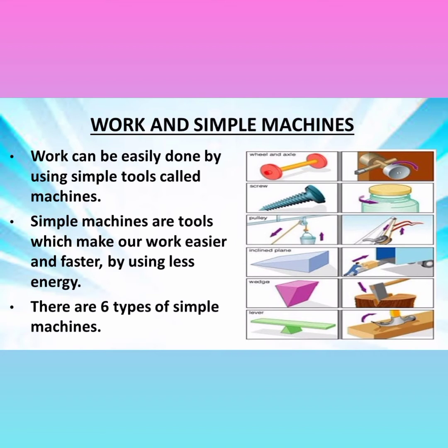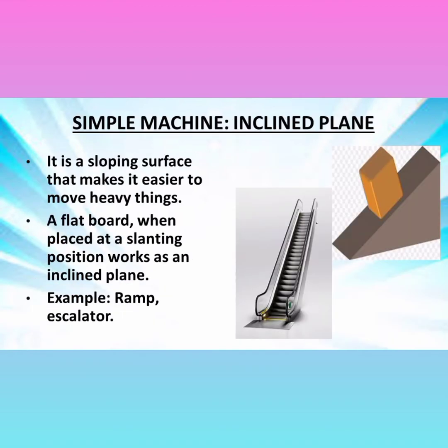There are 6 types of simple machines: inclined plane, wedge, screw, wheel and axle, lever, and pulley. These are the main 6 types which we use in our daily life. Let's learn about these 6 simple machines.